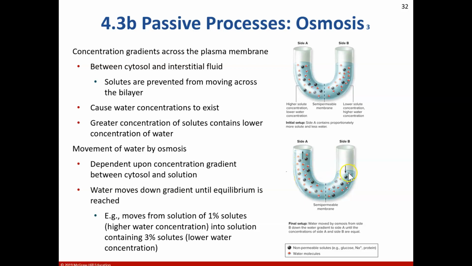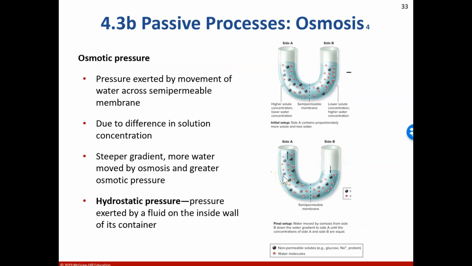So now water has shifted from side B over to side A, and water is basically moving down its concentration gradient until an equilibrium is reached, meaning that in the amount of water that we have, those solutes are kind of evenly distributed.